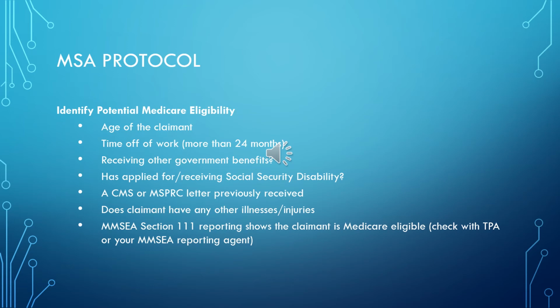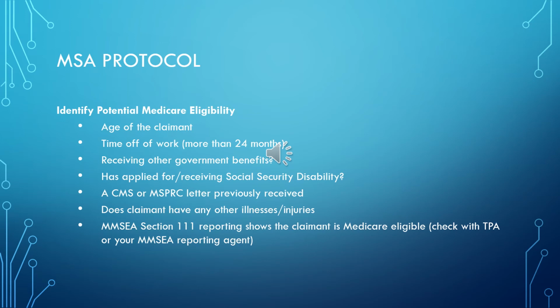Your first step in your Medicare set-aside protocol would be to identify potential Medicare eligibility in your claimant. So you would look for signs of eligibility, such as the age of your injured worker, the amount of time that he has spent off of work.